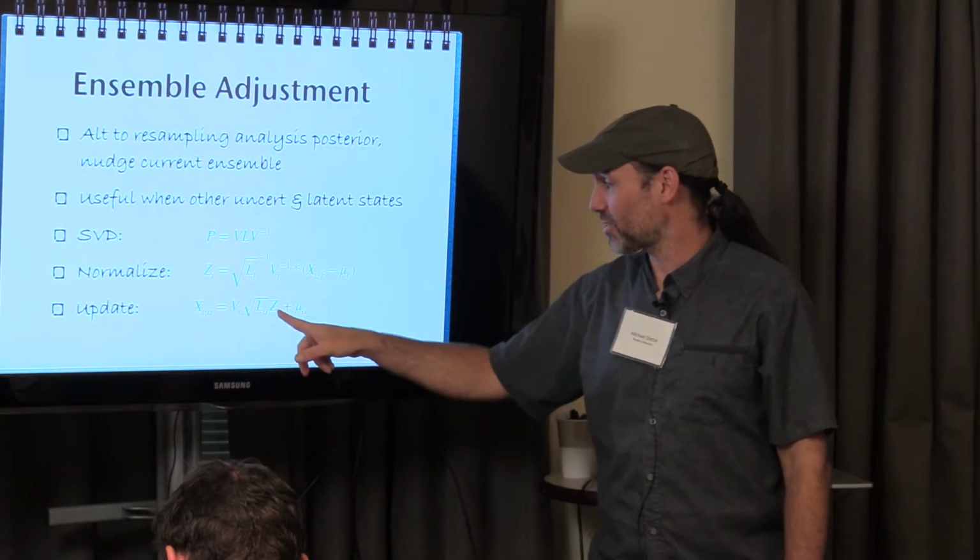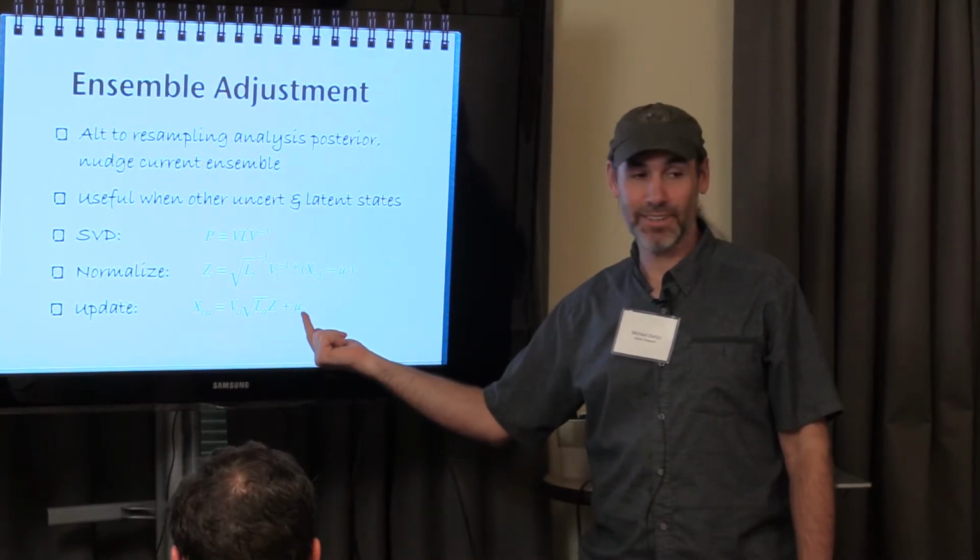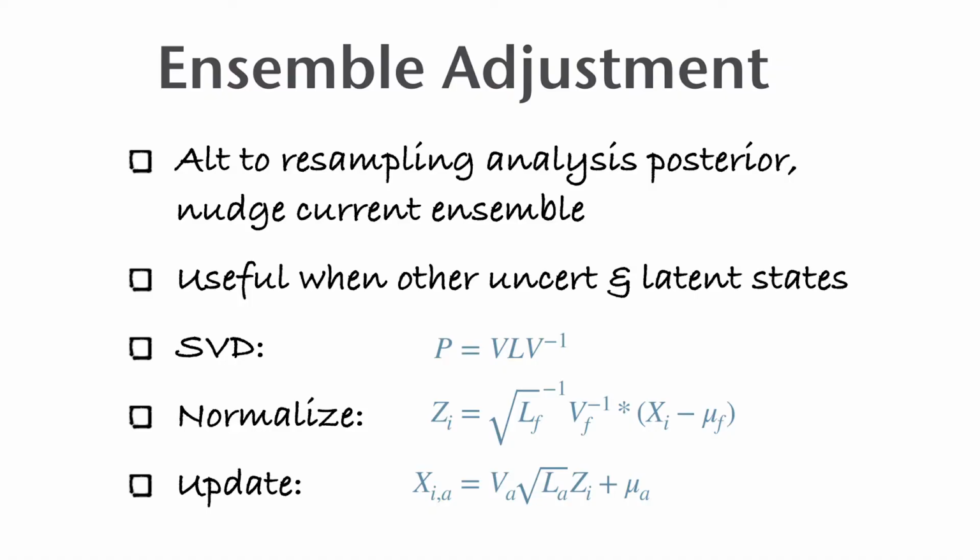I then take that z-score, multiply it by the new standard deviation, add on the new mean, and get it back into the new domain. To do that, you need to be able to calculate a singular value decomposition, which is something that's in every programming and statistical language in the world. There's an R package for it, there's a Python package, it's built into everything. It's very straightforward, and a bit of math.